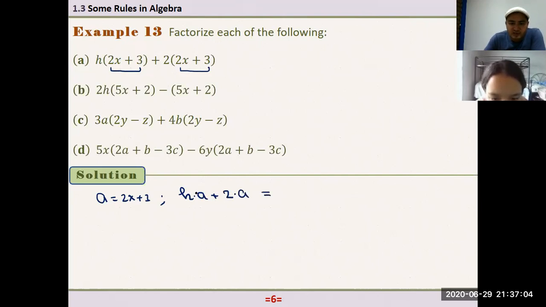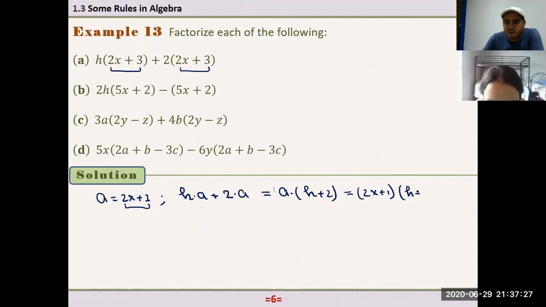If you just take this a out, what do we have? a times h plus 2. Now, instead of a, I can write the expression because a is this thing. Since it is an algebraic expression, I need to write it in parentheses because it's multiplied here. So here we have 2x plus 3 and here h plus 2.